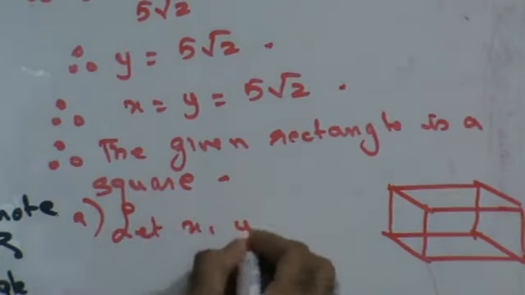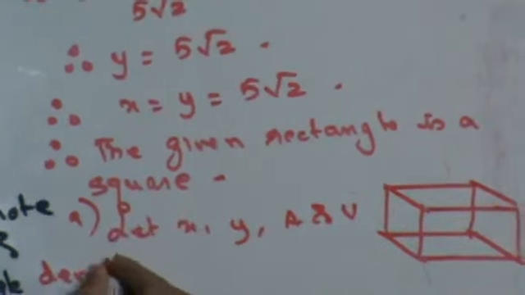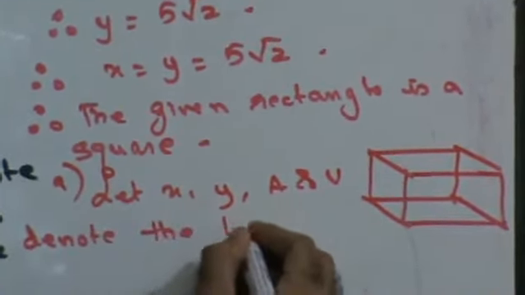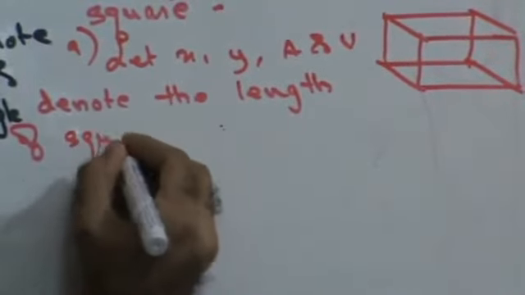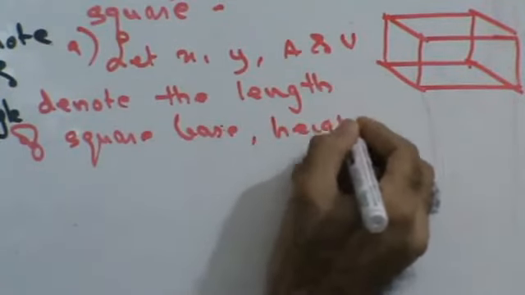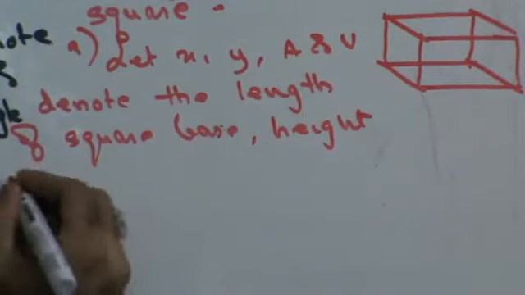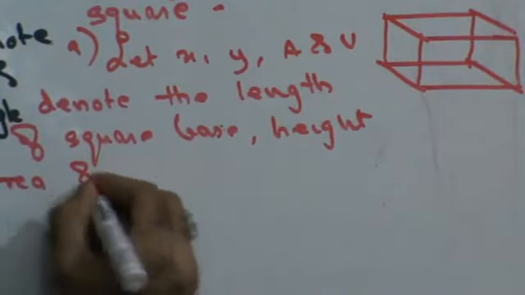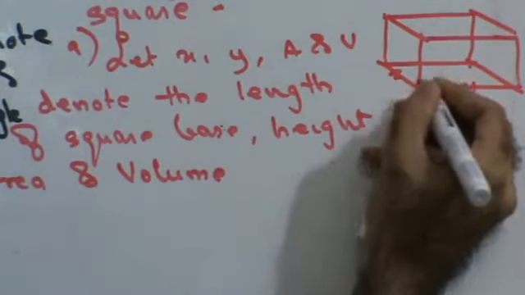Let x, y, A and V denote the length of the square base, height, area of the material, and volume. Right, now guys, this box has a square base.